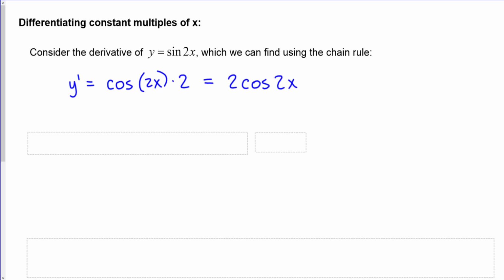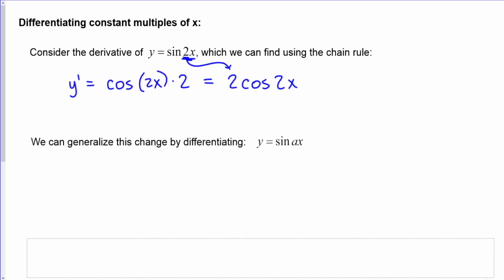Okay, so the thing is, this is only off by a constant multiplier of x. So it's just 2 times x instead of x. And what happens is you just follow your rule of the outer function and multiply by this constant. So if you want to speed things up, you don't have to necessarily do the chain rule for these kinds of problems, because you can generalize this.